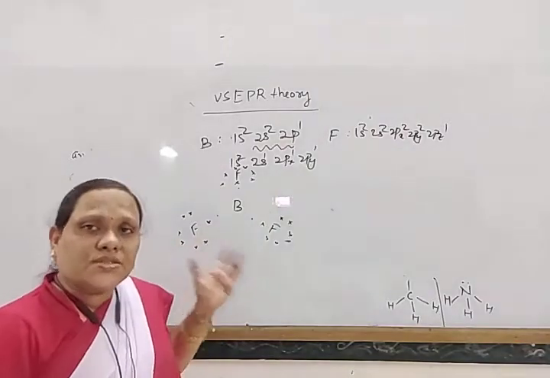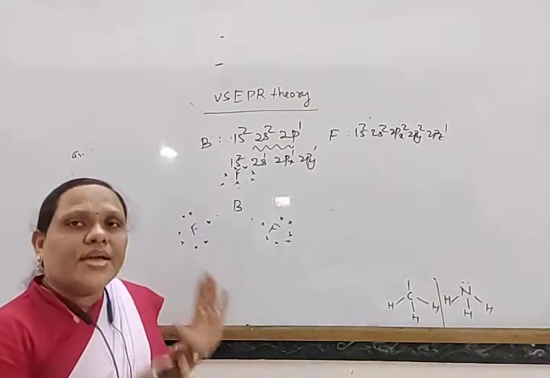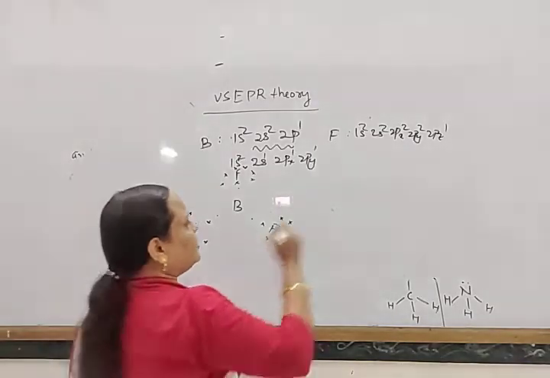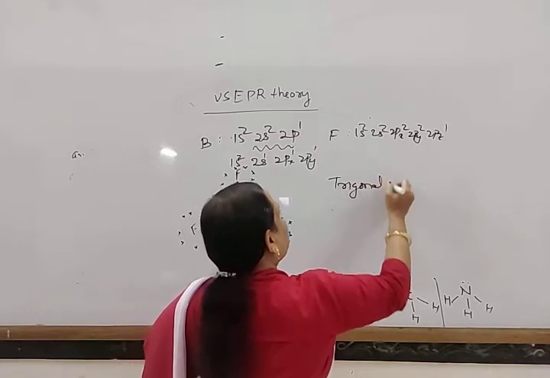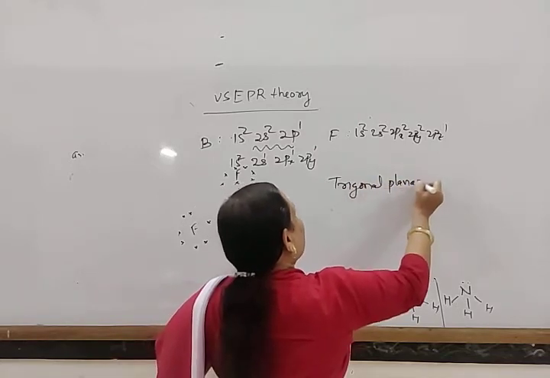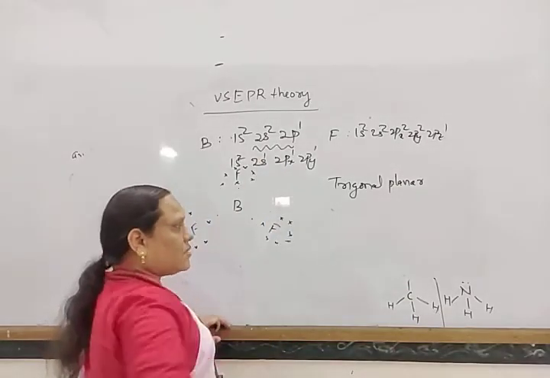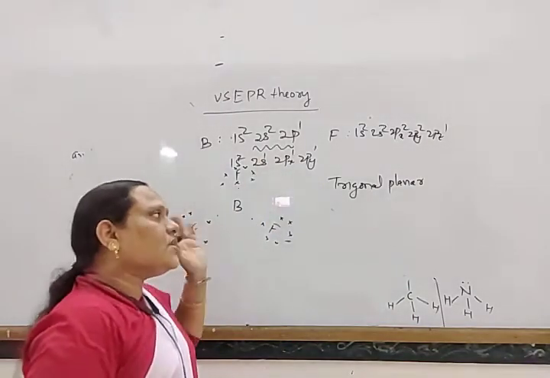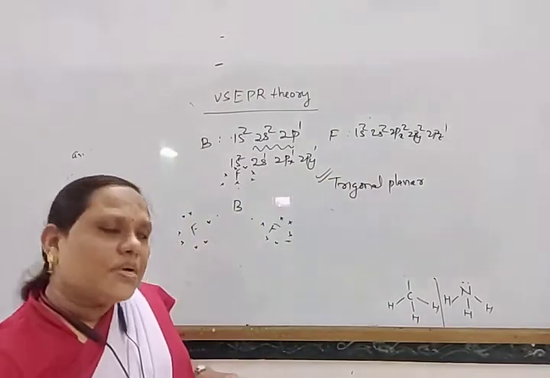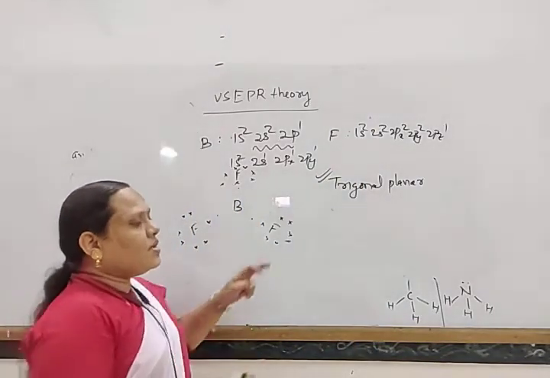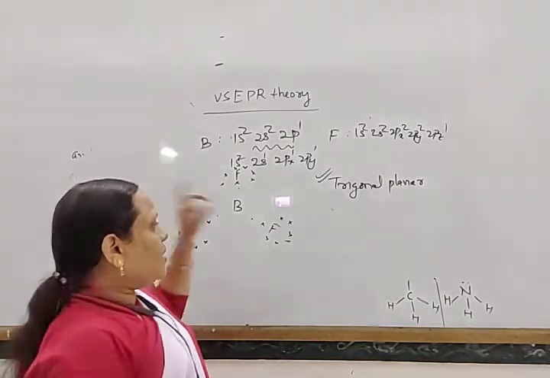If any atom is surrounded by 3 pairs of electrons, its expected structure is trigonal planar, and as it is surrounded by only 3 bond pairs, its actual structure is also trigonal planar. Similarly, methane also has a regular geometry.